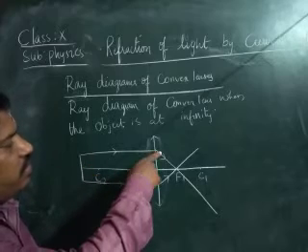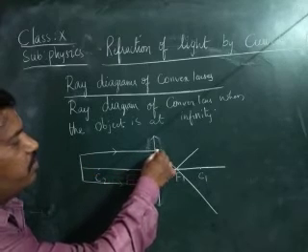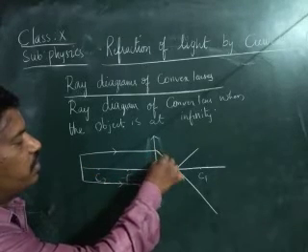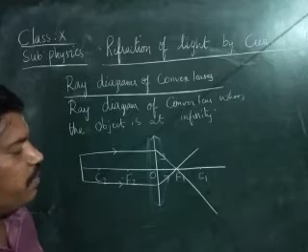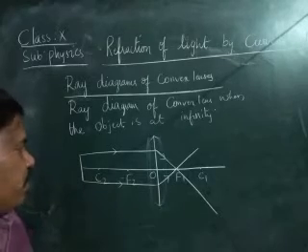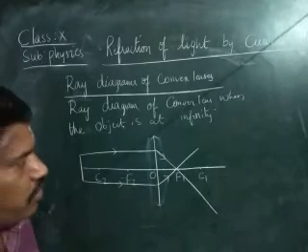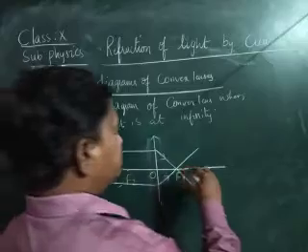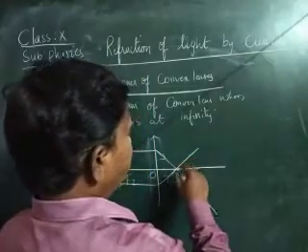That is, when the light ray is traveling parallel to the principal axis, after refraction, it passes through the focal point. Like this. Therefore, what are the characteristics of the image of this figure, children?